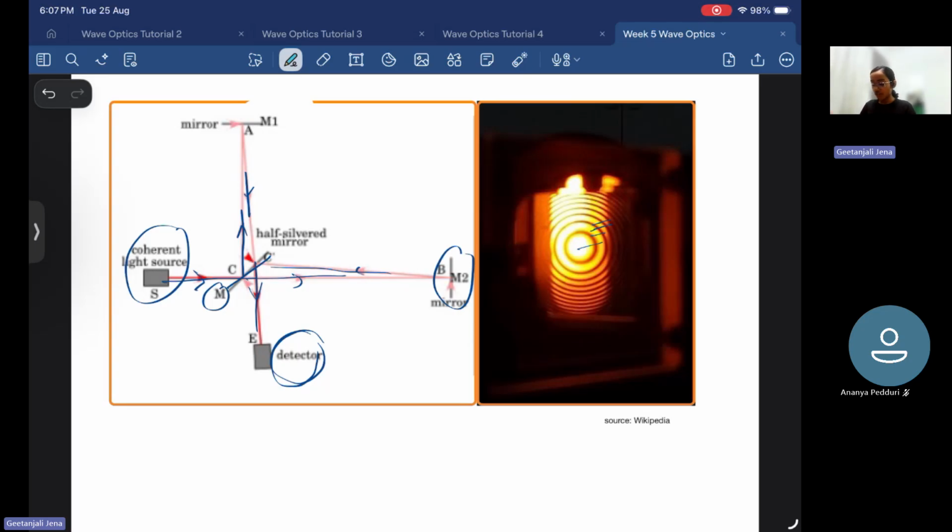The contrast of the fringes, and up to what length you can clearly see them, depends on the kind of source you are using and its spectral purity, which we determine using the coherence length. Depending on the coherence length we see good contrast, and if the coherence length is much smaller, the contrast won't be as good.